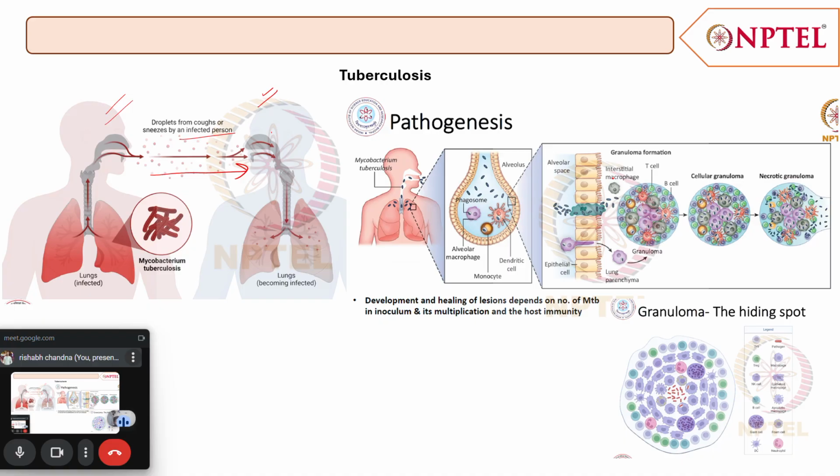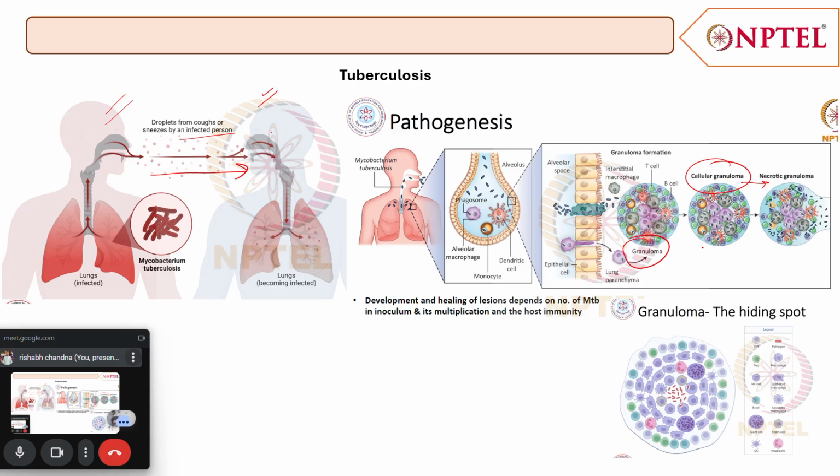That leads to the formation of a granuloma. That is a cellular granuloma in which the macrophages and all the immune cells are affected by the mycobacterium bacteria. Now this leads to a necrotic granuloma. The granuloma is basically the hiding spot for the mycobacteria.